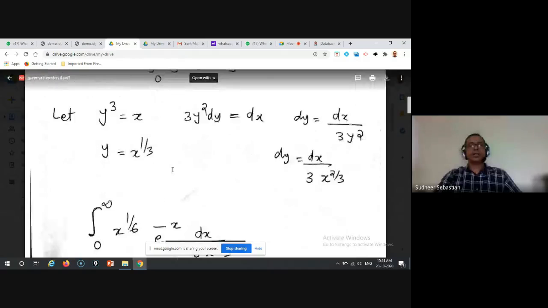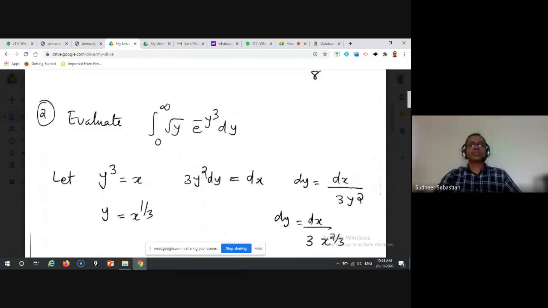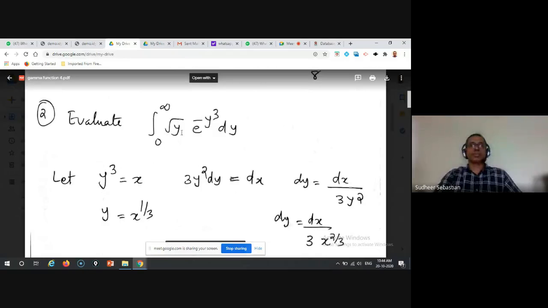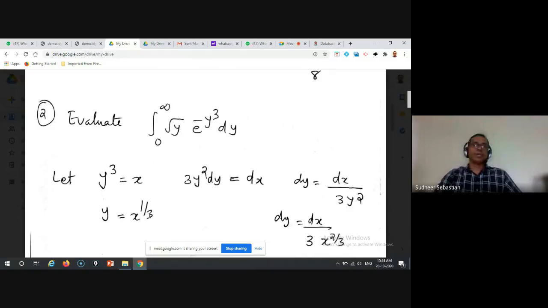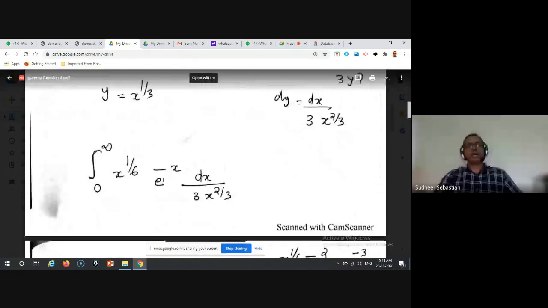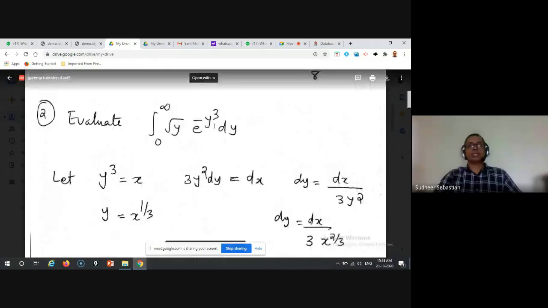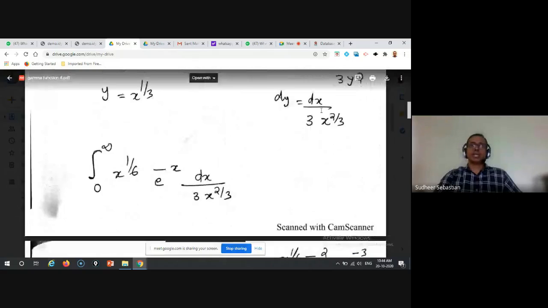Here for root y, I am giving x to the power 1 by 3, so I will get x to the power 1 by 6, e to the power minus x. And dy is dx over 3x to the power 2 by 3.